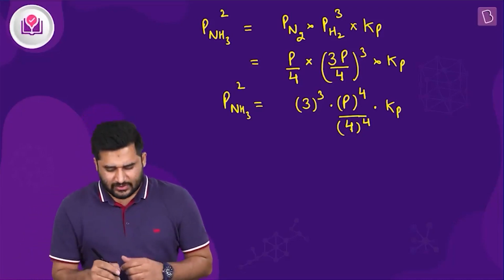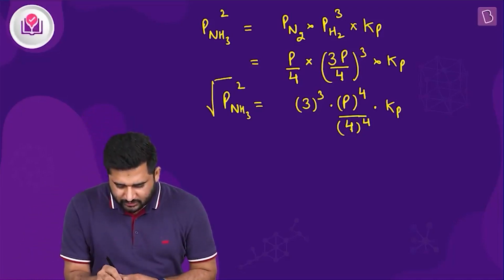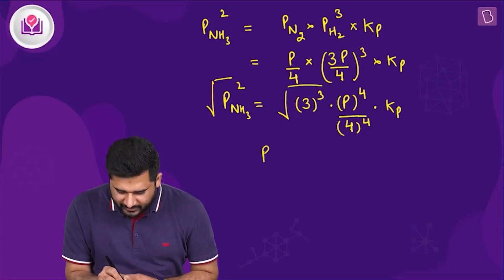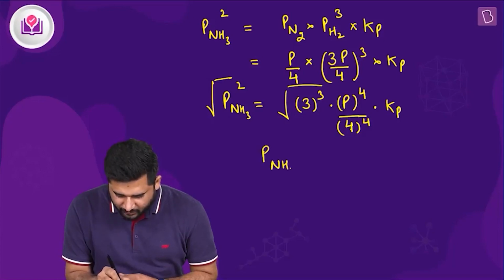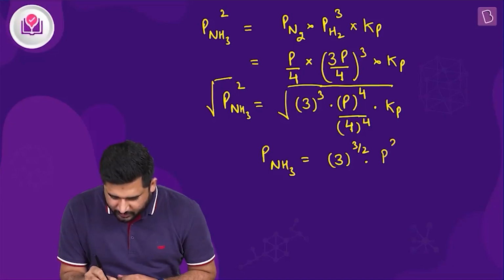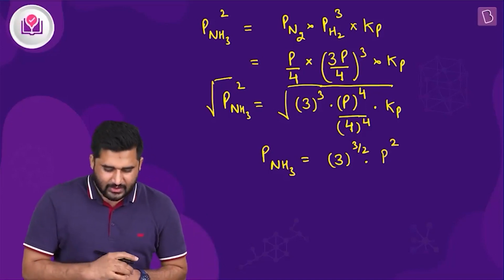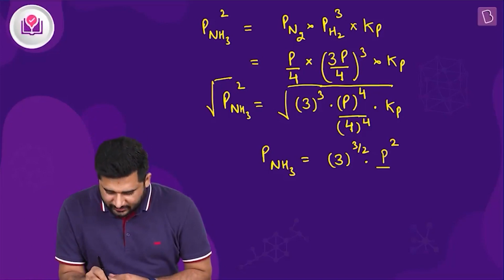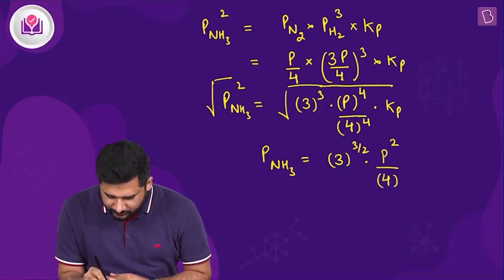So if we take the square root on both sides, the partial pressure of ammonia will come out to be equal to 3 raised to power 3 by 2, then P raised to power 2, and then 4 raised to power 2 and Kp raised to power 1 by 2.